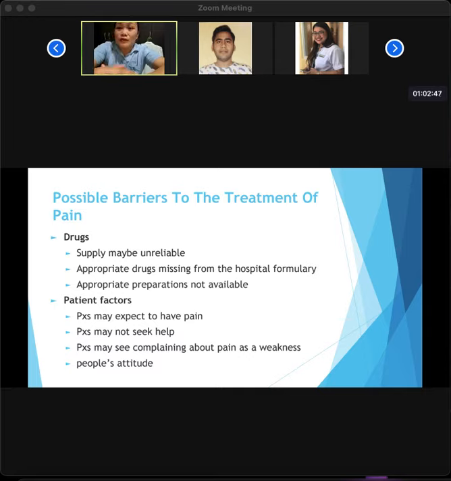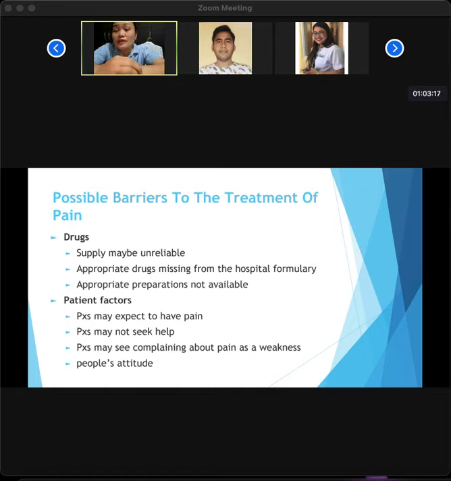Okay? So, appropriate drugs are missing from the hospital formulary, and appropriate preparations are not available. Sometimes, morphine is only available via IV. Wala yung oral sometimes. So, kung IV lang, then the patient needs to have an IV site.